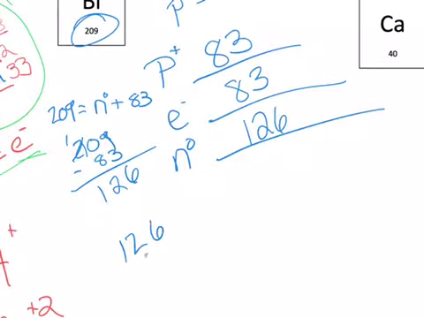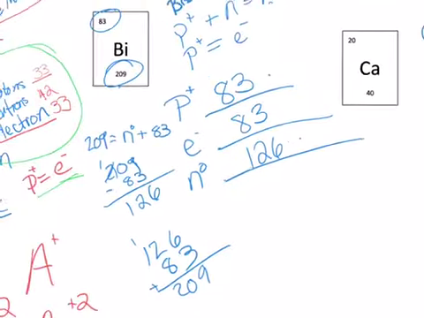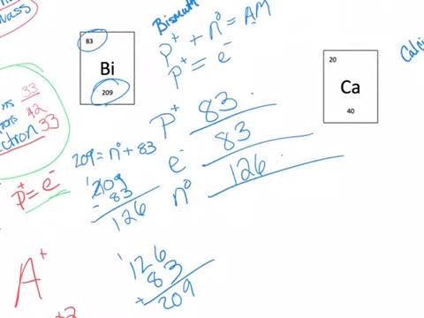Double check my work: we add these two numbers together and make sure we get that number. 6 plus 3 is 9, 8 plus 2 is 10. There we go, this is our answer.